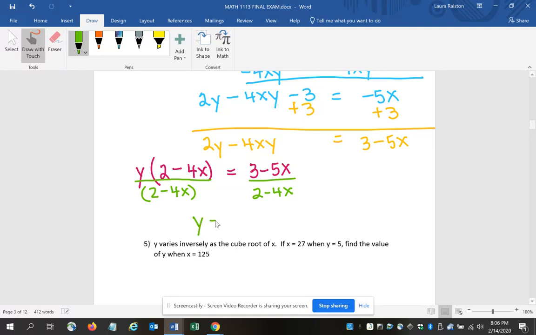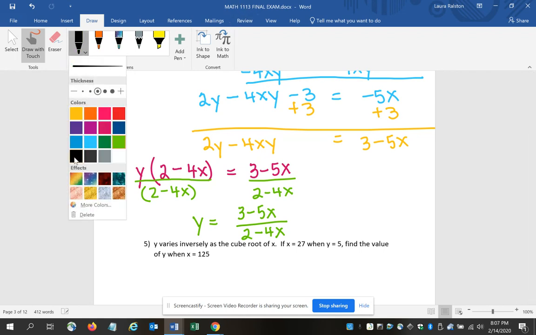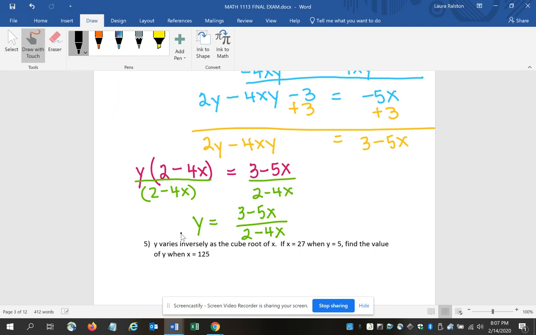So we have y equals 3 minus 5x over 2 minus 4x. Okay, and that actually equals f inverse, which is what you were looking for.